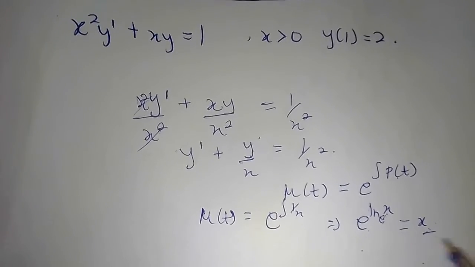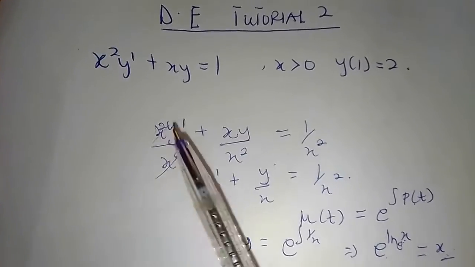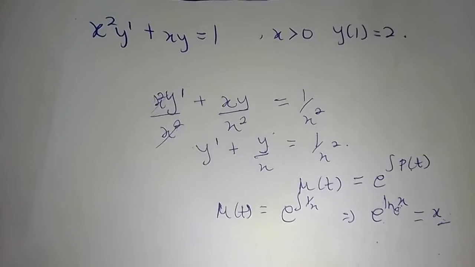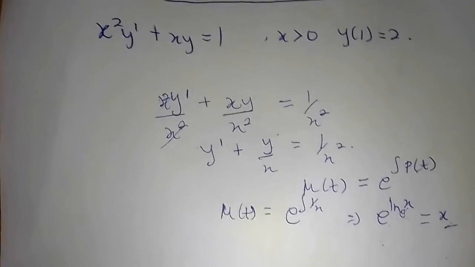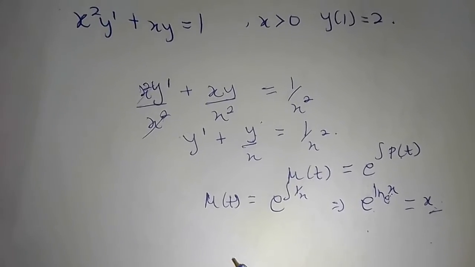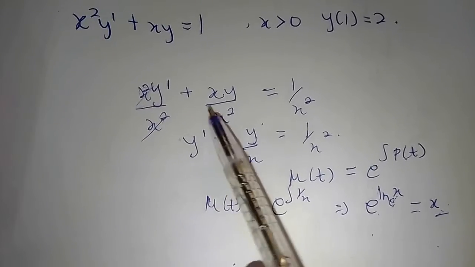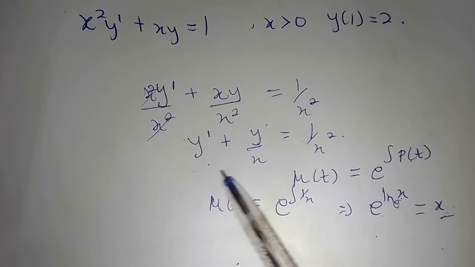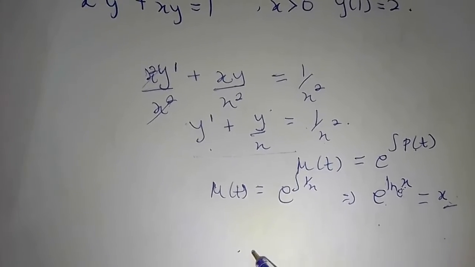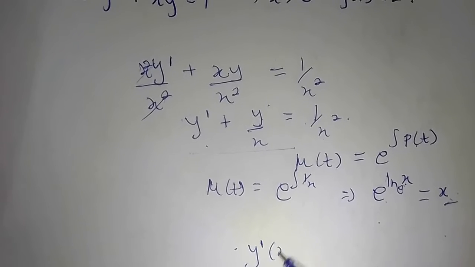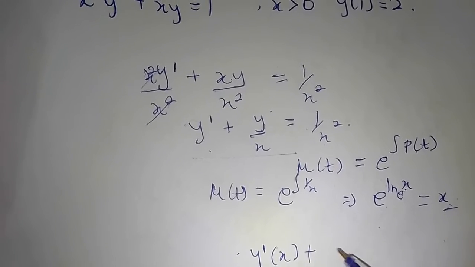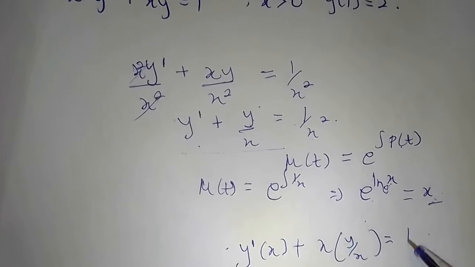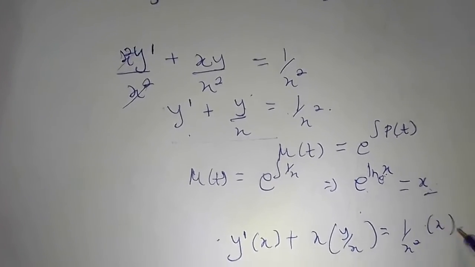The next thing to do is to multiply the integrating factor by every term in the equation. So when you simplify, we have y prime multiplied by x plus x multiplied by 1 over x is equal to 1 over x squared multiplied by x.